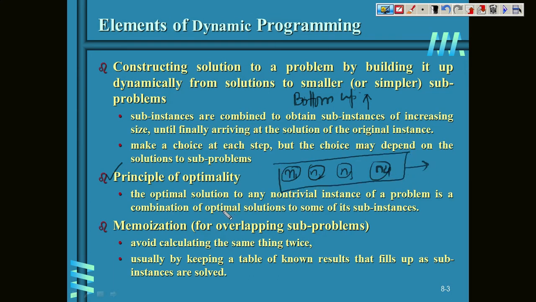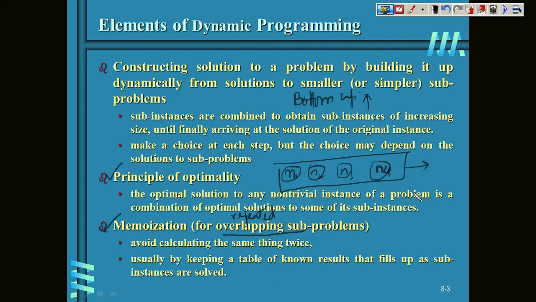So the optimality principle says that every optimal solution for the subinstances will give you the final optimal solution. And then the main and important concept that we use in dynamic programming is memoization. Memoization is only meaningful when we have overlapping subproblems. Overlapping subproblems are the problems which are repeated.